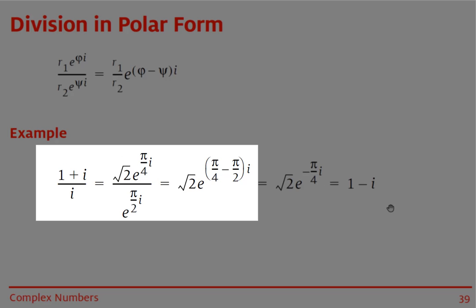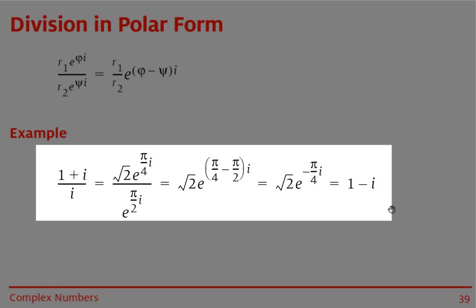We divide the factors. Square root of 2 divided by 1 is square root of 2, and we subtract the angles. Pi fourth minus pi half is minus pi fourth. And the polar form, square root of 2 times e to the power of minus pi fourth i, is transformed back into Cartesian form, which is 1 minus i.